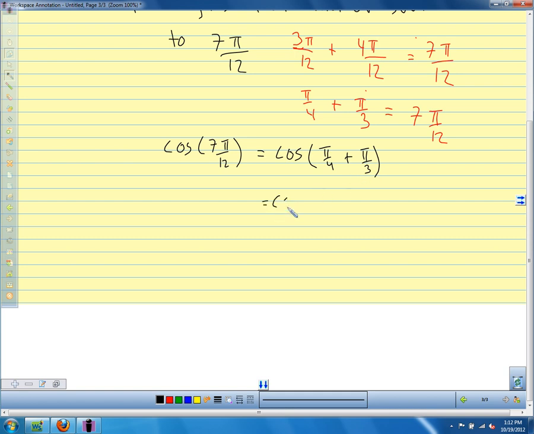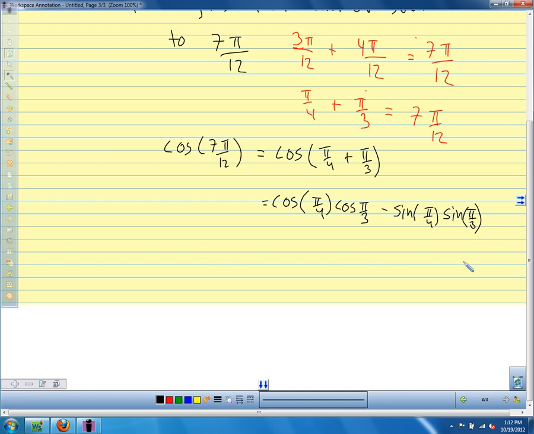This equals, we look at our identity, cosine of pi over 4 times the cosine of pi over 3 minus the sine of pi over 4 times the sine of pi over 3.